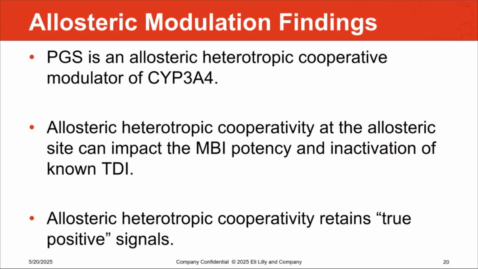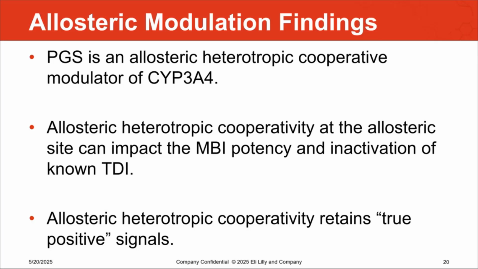So at this juncture, we had found that progesterone is an allosteric heterotropic cooperative modulator of CYP3A4 in human liver microsomes, the subcellular fraction that we use for the work and discovery. And that heterotropic cooperativity actually can impact known mechanism-based inhibitors, both in their potency and in inactivation, but on a case-by-case basis. It's not a blanket way of how they interact.